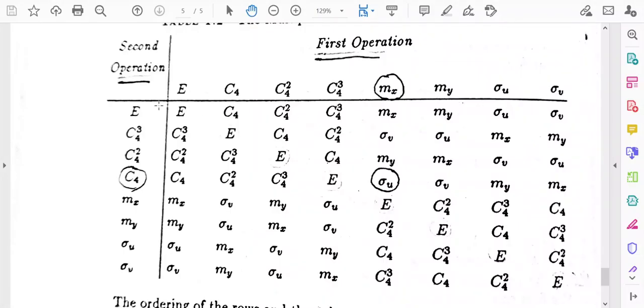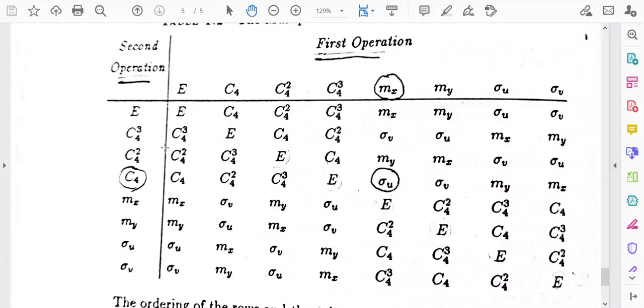So, you have to write the elements in this specific order, but you see that although the order of the elements is like this, that is E, C4, C4², in the left side column this order has been slightly changed. In the left side column we have written the order, you see that this is E, next this is C4³, then C4², then C4. So we have changed the order.